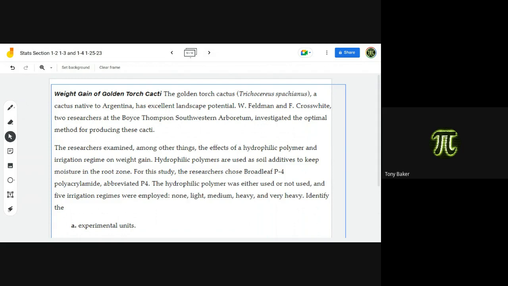So none, light, medium, heavy, and very heavy is the irrigation. So those are the levels of that factor. But we also have the levels of the hydrophilic polymer. So that's with or without, on or off type thing. Okay. So we have 2 for one and we have 5 for the other one. So how many treatments do I have?